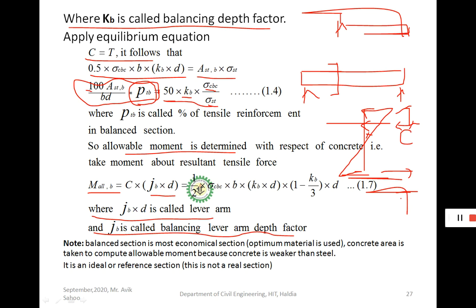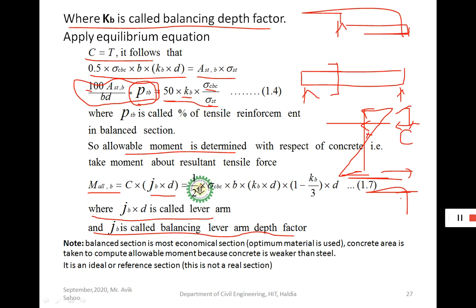So if I design considering the weaker material stress, then your design is safe, because steel is stronger than concrete. If your design is safe under the lower stress, then the higher stress is also automatically satisfied. So that's why the concrete is considered.